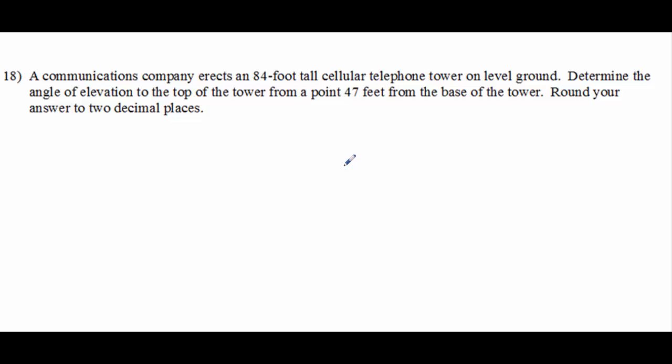Number 18, a communications company erects an 84-foot tall cellular telephone tower on level ground. Determine the angle of elevation to the top of the tower from a point 47 feet from the base of the tower. Round your answer to 2 decimal places.